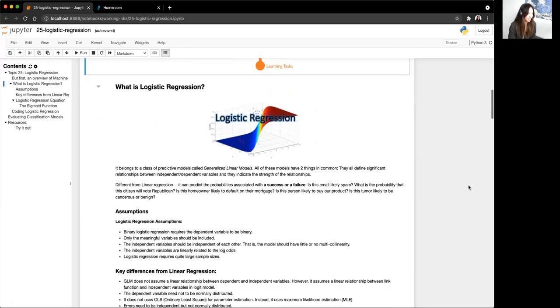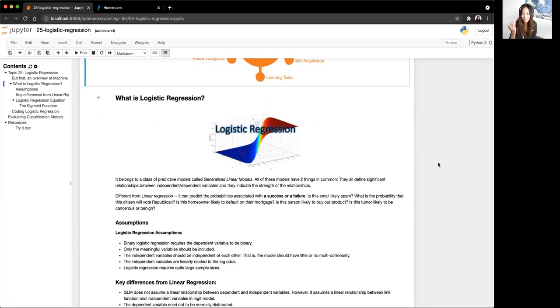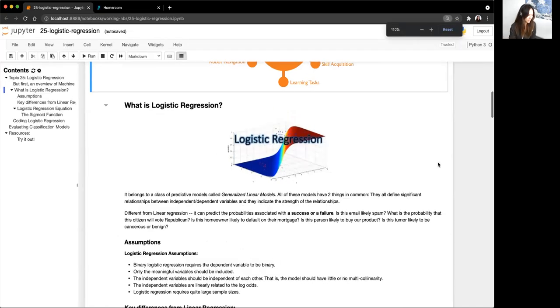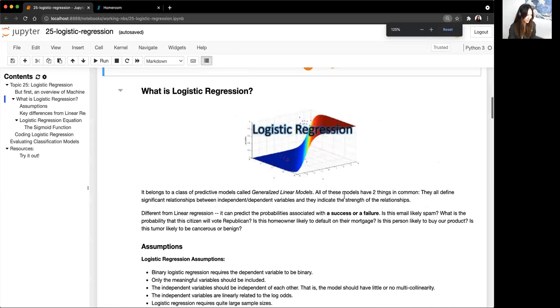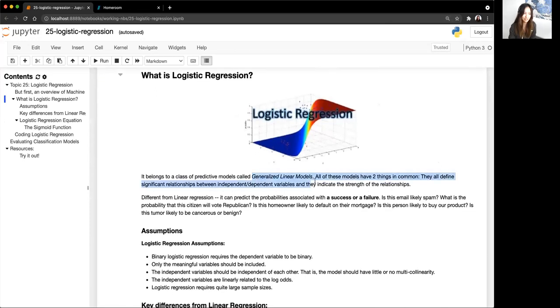Okay. So what is logistic regression? I like to think of it as just the classification counterpart to linear regression. The way that it works is extremely similar to linear regression. To start, it belongs to a class of models called generalized linear models. And what do they have in common? They all define significant relationships between independent and dependent variables, and also indicate the strength of the relationship.